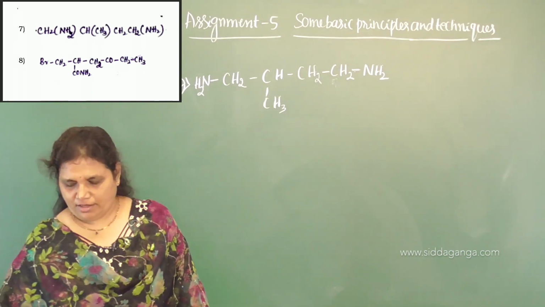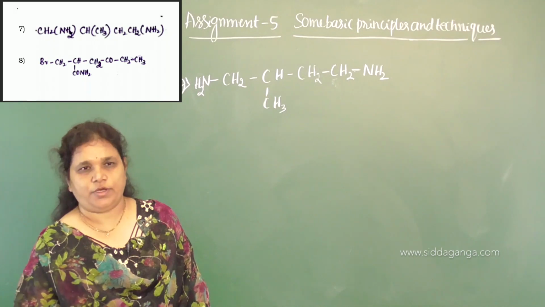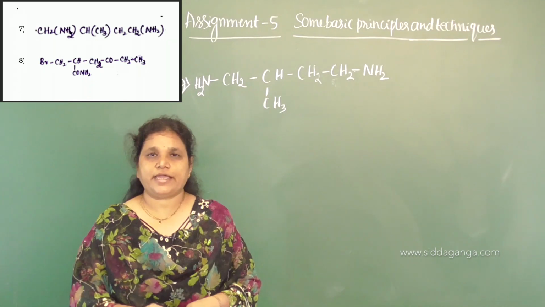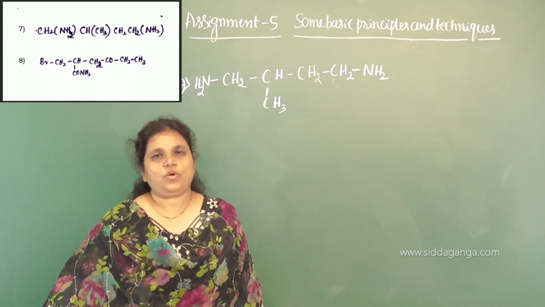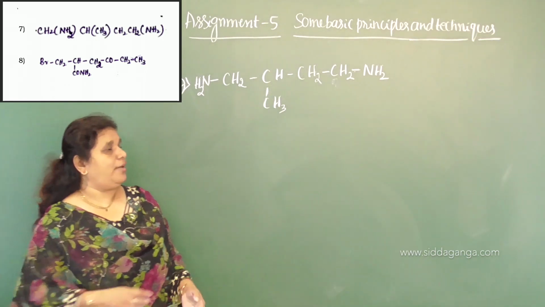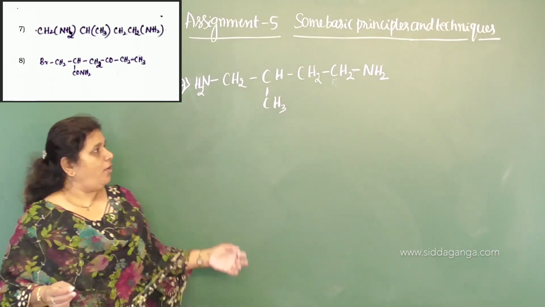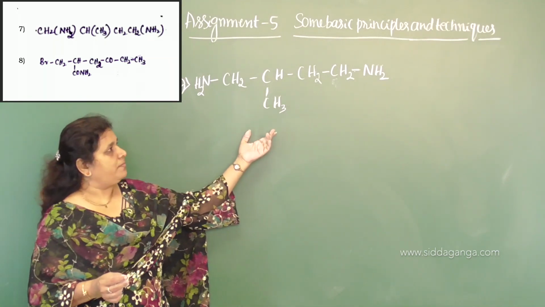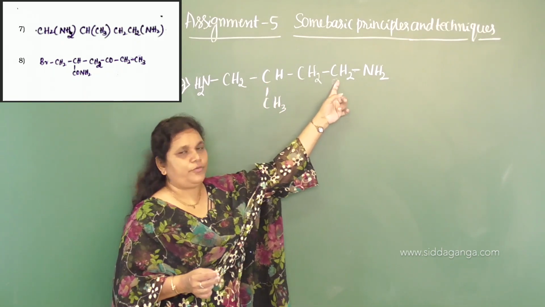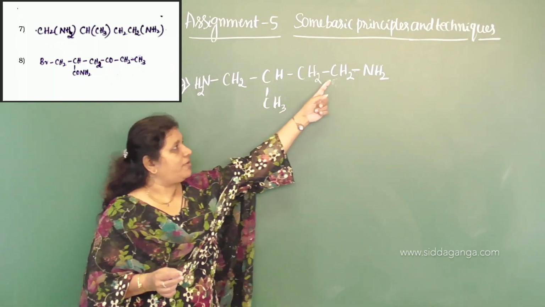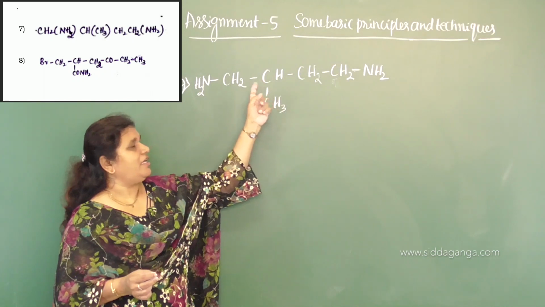The like functional groups you can say. What is the secondary suffix for the NH2 group? Amine. Since two NH2 groups are there, you can name it as diamine, and along with that you need to give the position, that is 1, 2, 3, 4. So, if you give the number from this end, 1, 2, 3, 4.